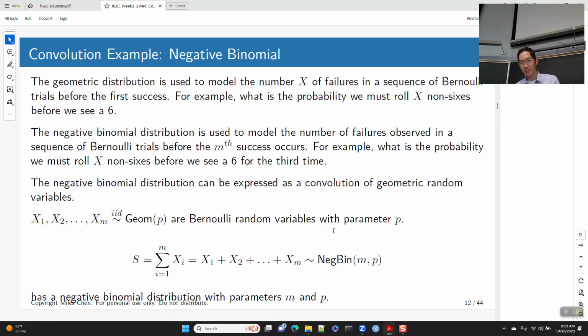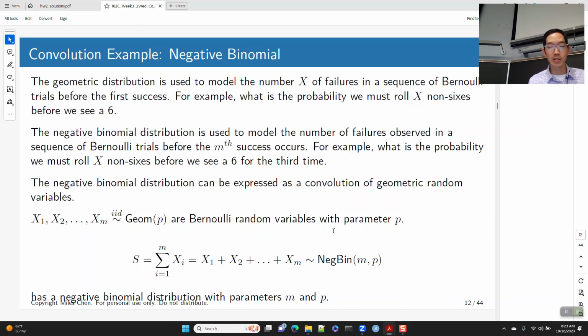There is another example, and this is the negative binomial distribution. You have the geometric distribution, which is used to model the number of failures before the first success. It's like, how many times do you have to roll the die before you land on the number 6? That can be modeled with a geometric distribution.